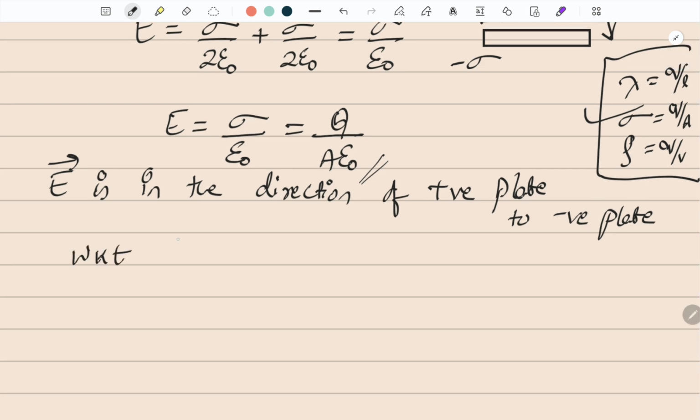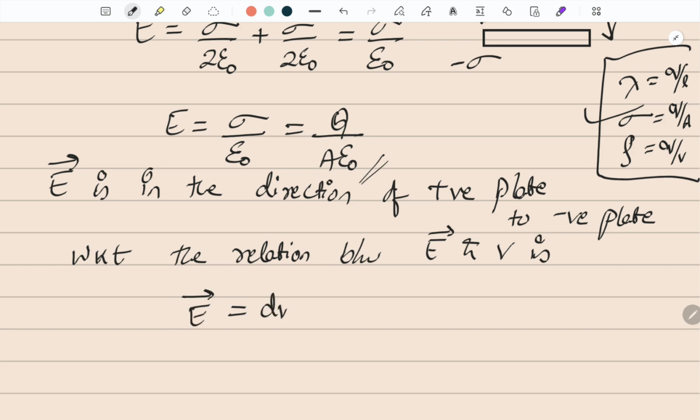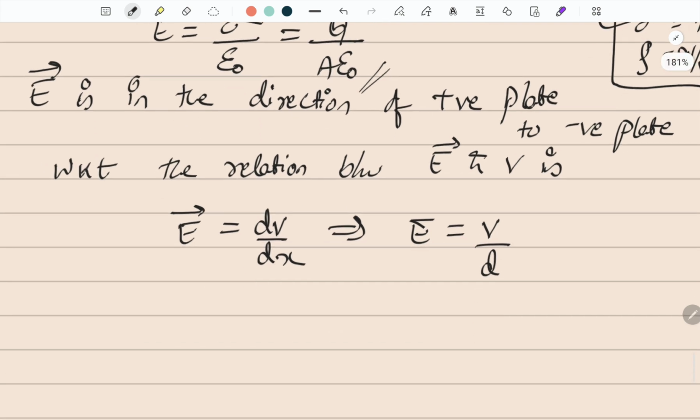Okay, so once writing this, the next thing is we know the relation between electric field and potential is E is equal to dV by dx, which follows I can write E is equal to V by D. We are ignoring the negative sign of the formula.